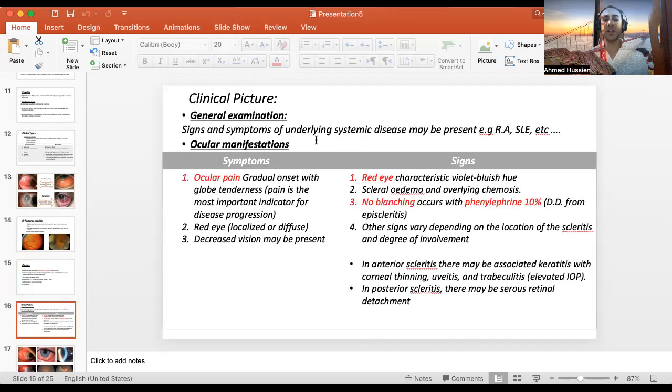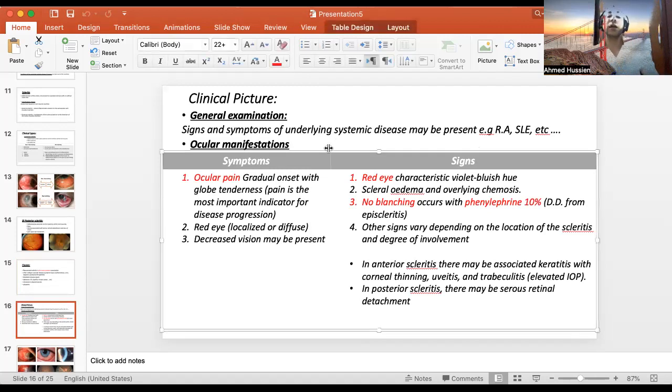Clinical picture, general examination: you have to exclude any underlying systemic disease. So look for signs and symptoms of rheumatoid arthritis, like deformity of the hand, systemic lupus, malar rash, and ocular manifestations in the form of symptoms and signs.